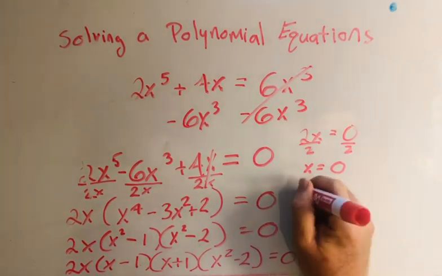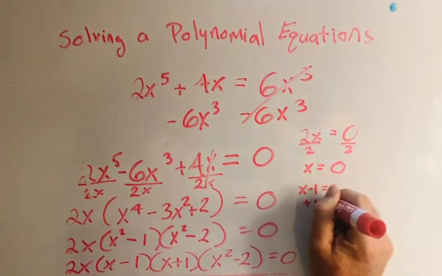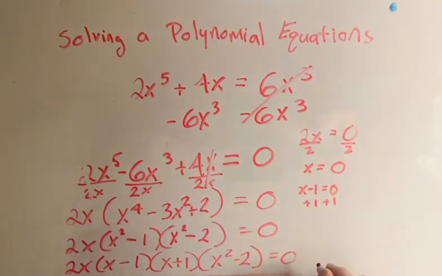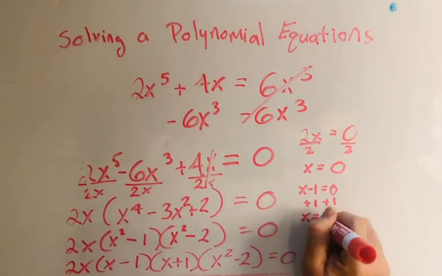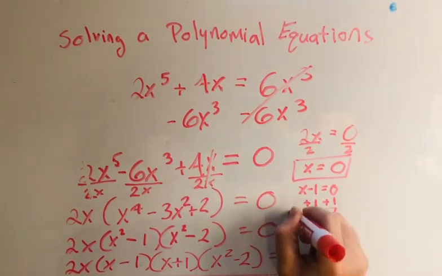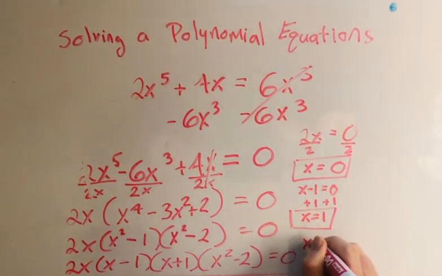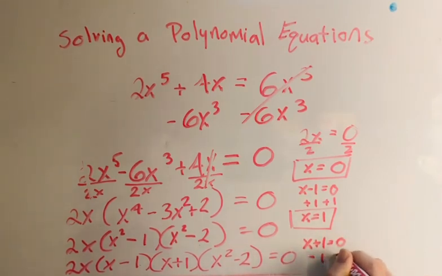So now I have x minus 1 equals 0. I'm going to add 1, x equals 1. So we know that x is going to be 0, and we know that x is going to be 1. I also have x plus 1 equals 0, so I'm going to subtract 1, x equals negative 1.